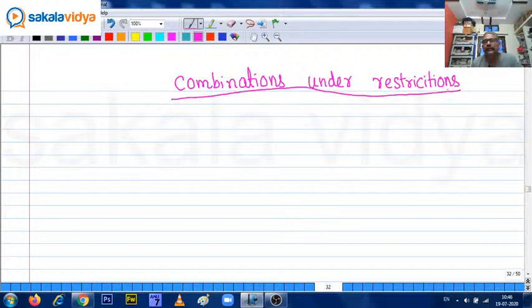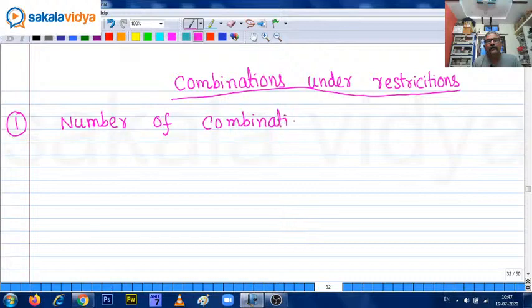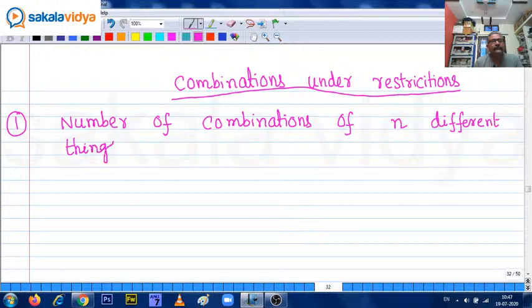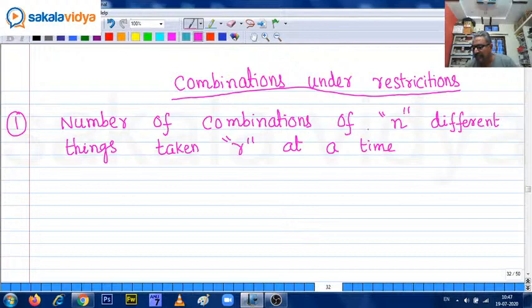First one: the number of combinations of n different things taken r at a time without restriction is nCr, we know.